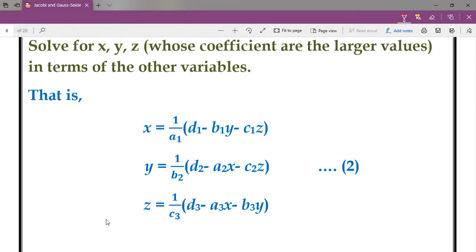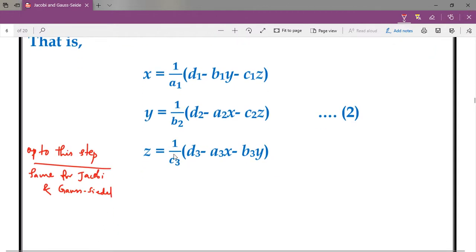So up to this step, it is same for both Jacobi and Gauss-Seidel.